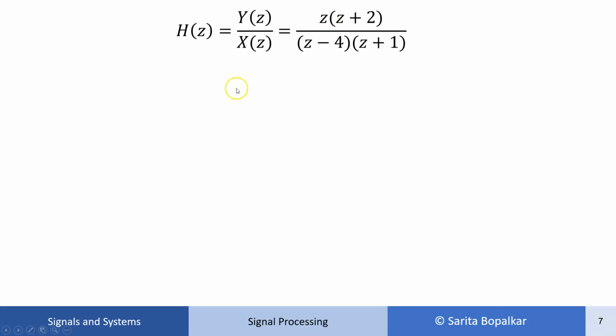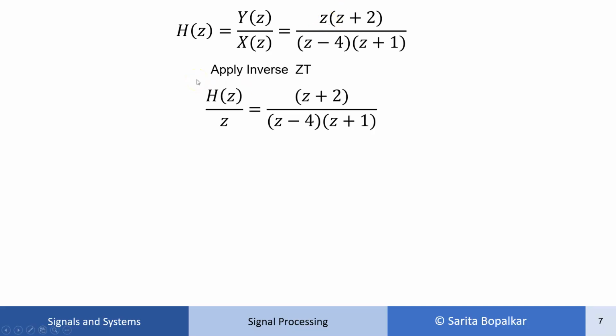So this z we take to the LHS: h of z upon z equals z plus 2 upon z minus 4, z plus 1. Here you can apply the partial fraction method to find the inverse z transform.